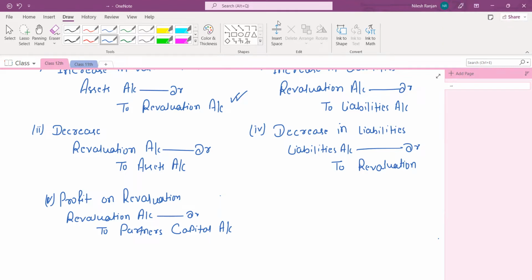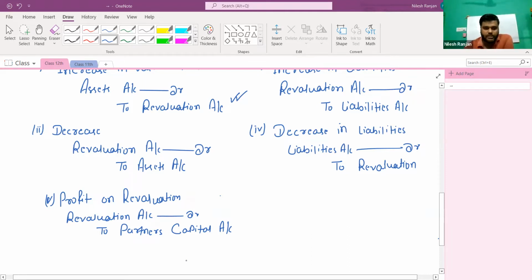Okay. Any other doubt? And sir, profit on revaluation. Profit on revaluation. Okay. So we are distributing the profit between partners. From revaluation account, we are transferring the profit to partners' capital account.